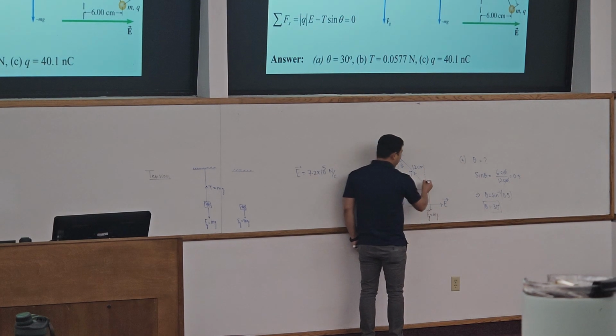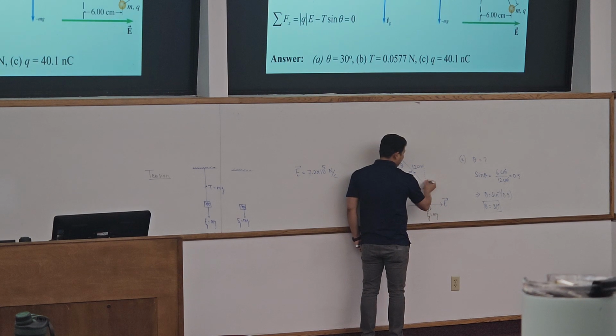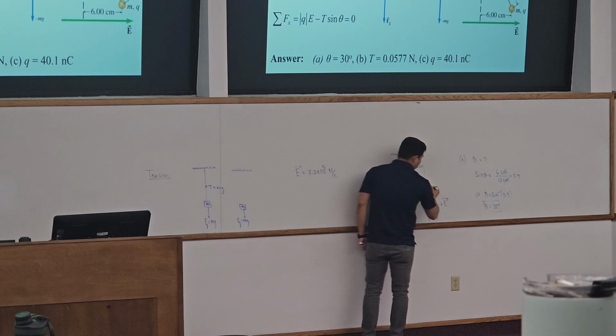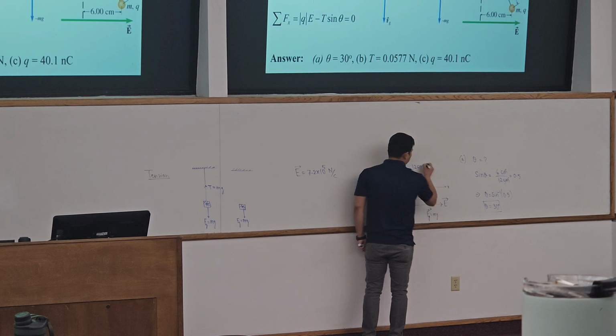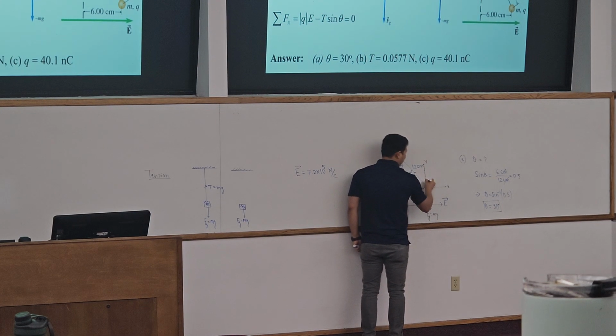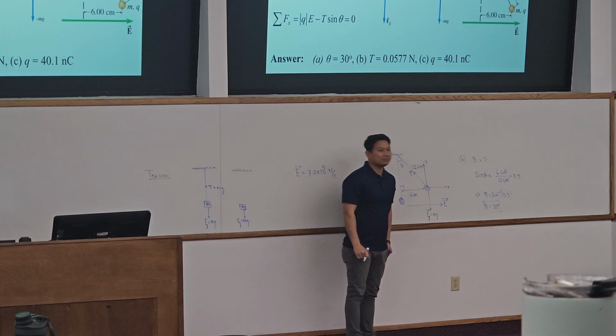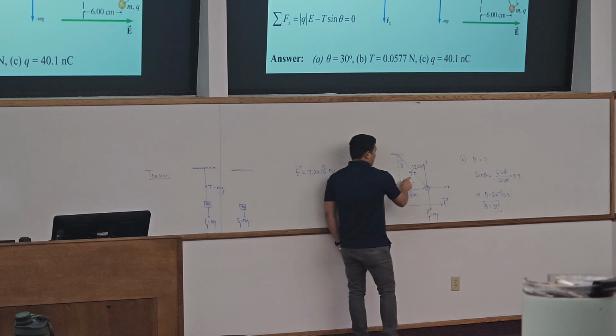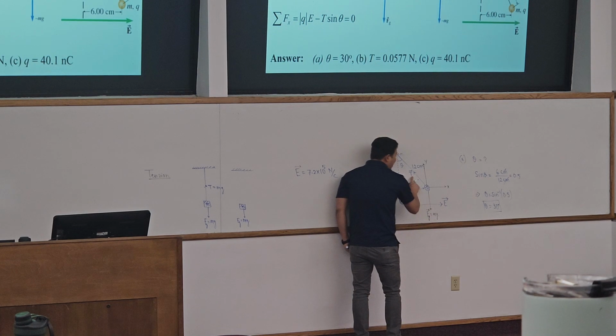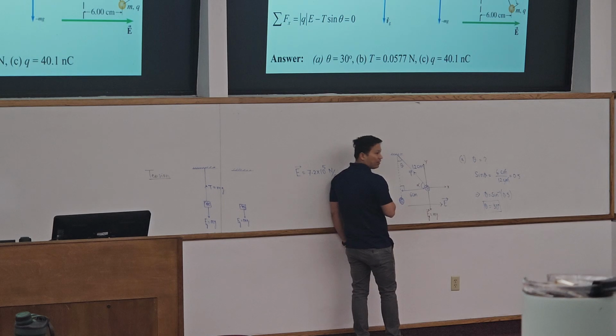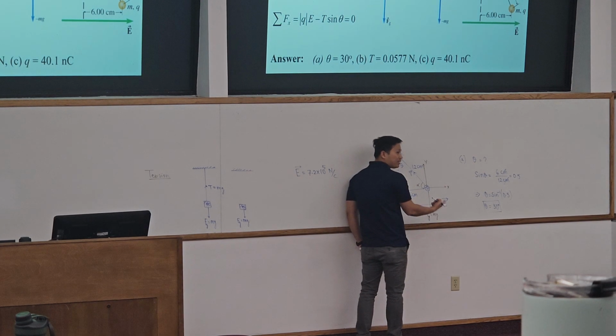If you consider this is the x direction, this is the y direction, you have some angle, isn't it? This is equal to mg only if you resolve it. Let's say this is an alpha angle, the angle with the negative x direction.